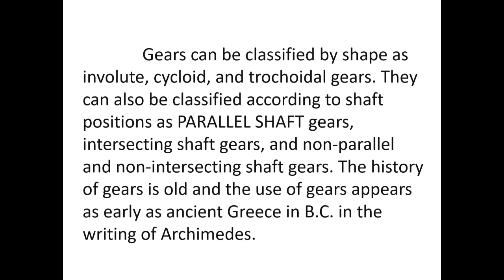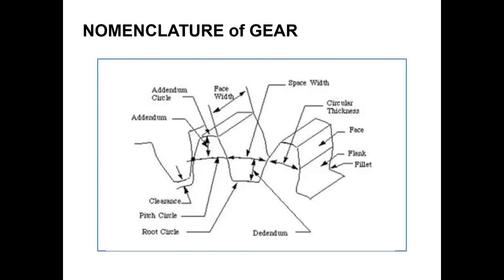They can also be classified according to shaft positions as parallel shaft gears, intersecting shaft gears and non-parallel and non-intersecting shaft gears. The history of gears is old, and the use of gears appears as early as ancient Greece in BC in the writing of Archimedes.